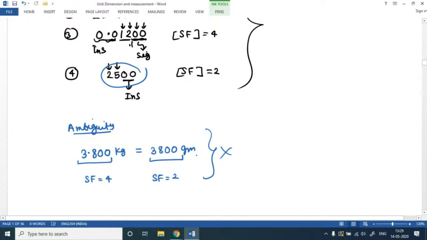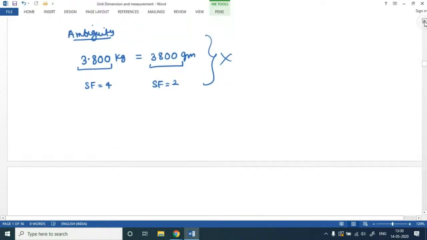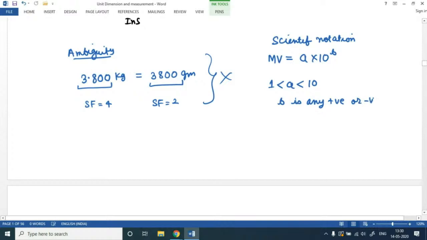In order to remove this ambiguity, measured values are represented in terms of scientific notation. Any measured value will be represented as a into 10 to the power b, and this is nothing but the scientific notation of measured values, where a is some number less than 10 and greater than 1, and b is any positive or negative exponent of 10.